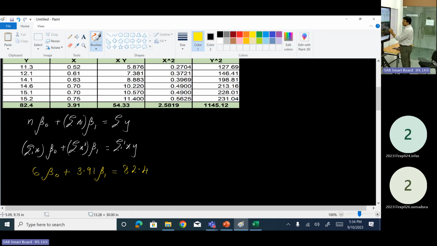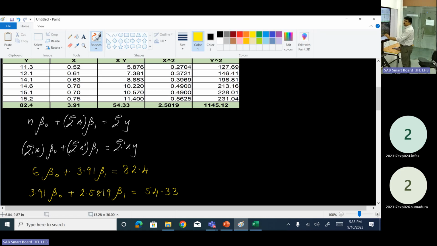One equation. Second one: sigma x, so 3.91 beta naught plus sigma x squared, 2.5819 beta 1 equals sigma xy, so that is 54.33.